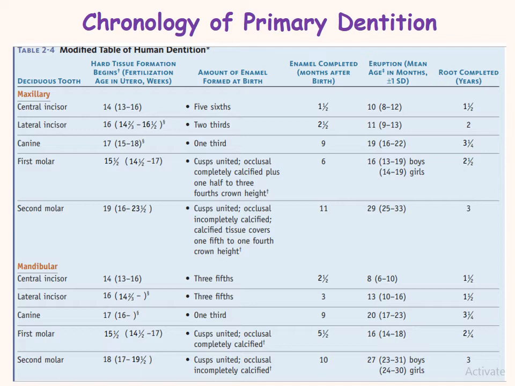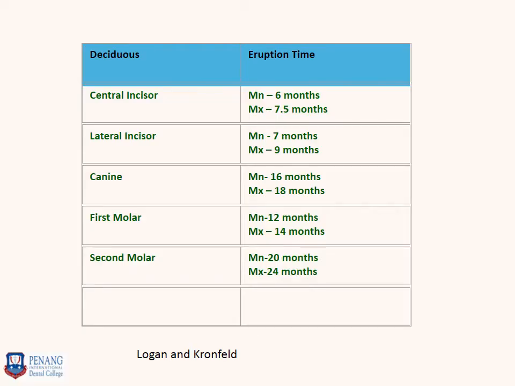So this table is for the primary dentition. Another chronology or date of eruption, which is given by Logan and Kronfeld: the central incisors for the maxillary teeth is 6 months, and mandibular teeth is 6 months, maxillary lateral incisor is 9 months and mandibular is 7 months.